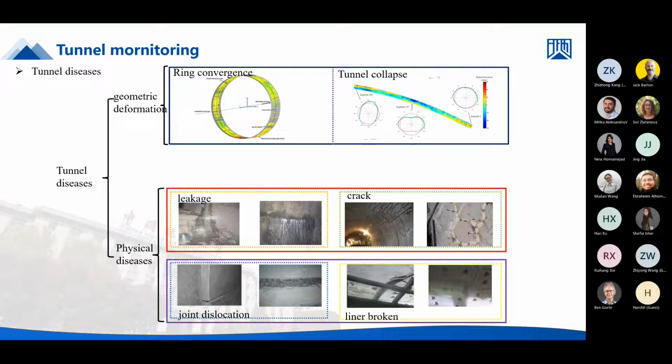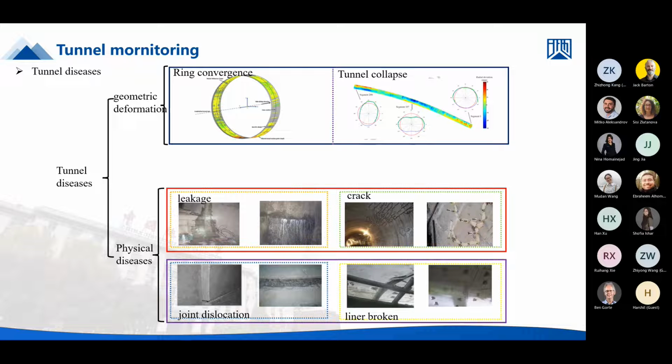Besides, the other part of the tunnel monitoring is the physical diseases. I think this part is kind of newer than the geometric deformation. We will focus on the leakage and the cracks, and also other diseases we can see in the tunnels.